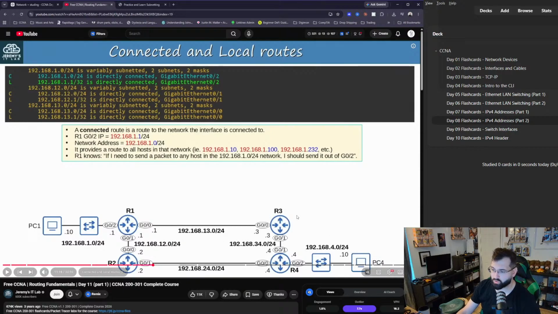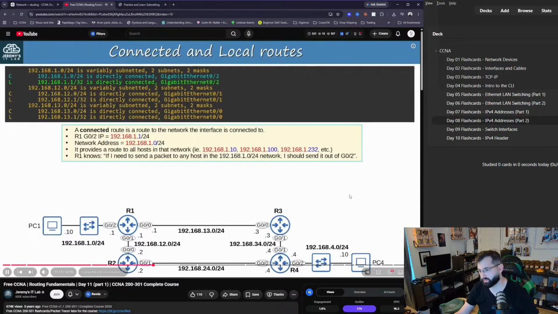But now we have to make a choice between R3 and R2. But that means that if that was the case, then all of these routers need to be on the same network. If they weren't going to be on the same network, then we have to go through an ISP, or a lot of times they'll just call it the internet, and they'll put a cloud. Okay, I think I'm understanding it.